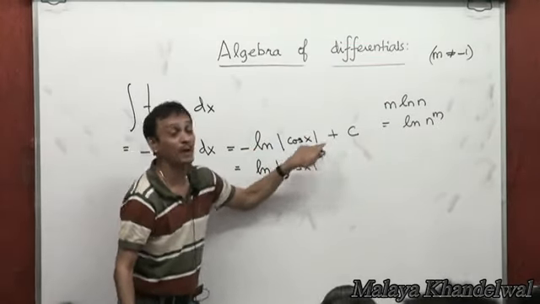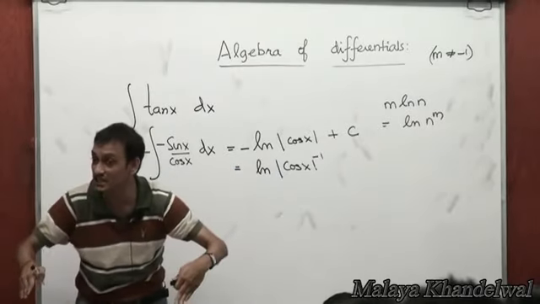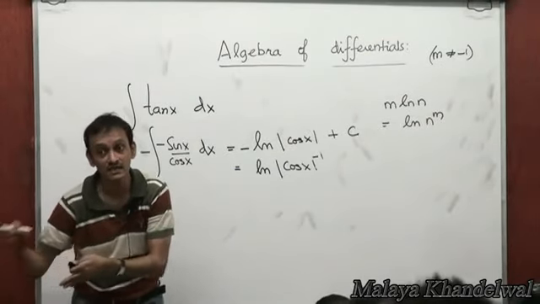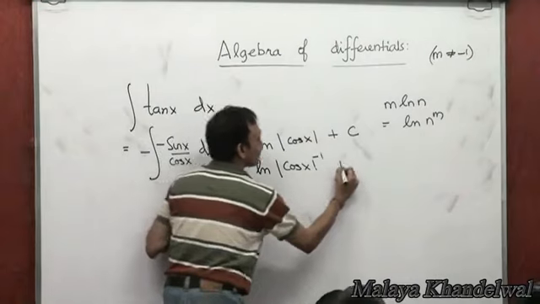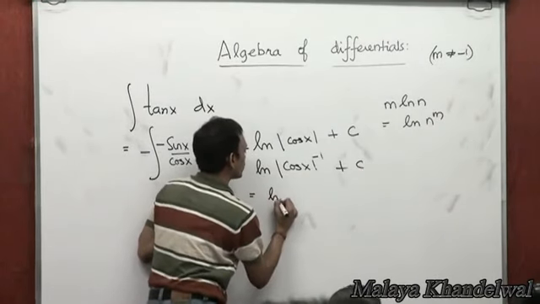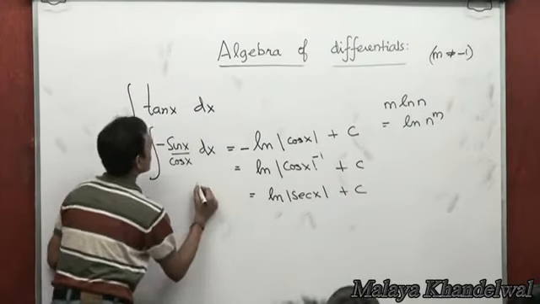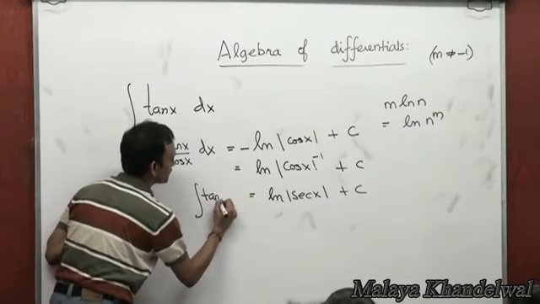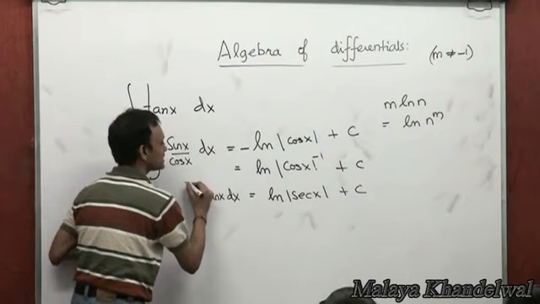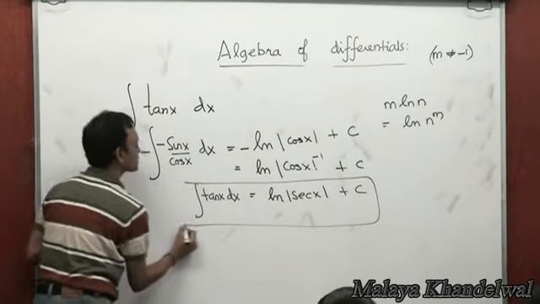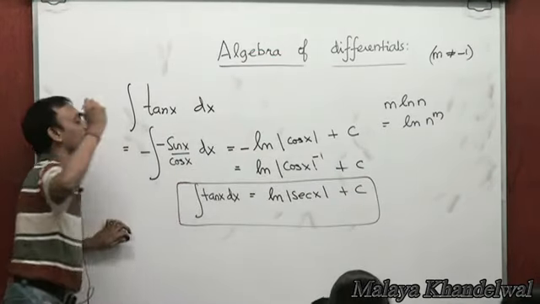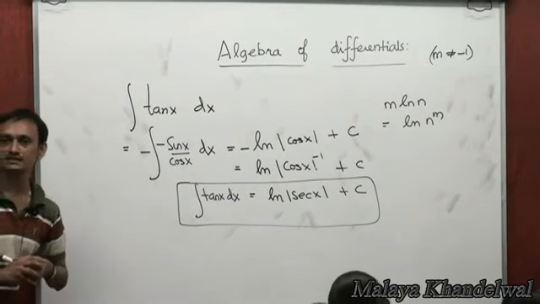But cos x to the power minus 1 is 1 by cos x. That is sec x. So this makes it log mod sec x plus c. Now this is a regulation integral and you've got to remember this. Integral tan x dx is log mod sec x plus c.